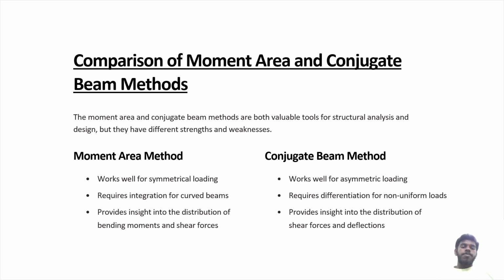Moment area method works well for symmetrical loading, requires integration for curved beams, providing insight into the distribution of bending moment and shear force. Conjugate beam method works well for asymmetric loading, requires differentiation for non-uniform loads, providing insight into the distribution of shear force and deflections.